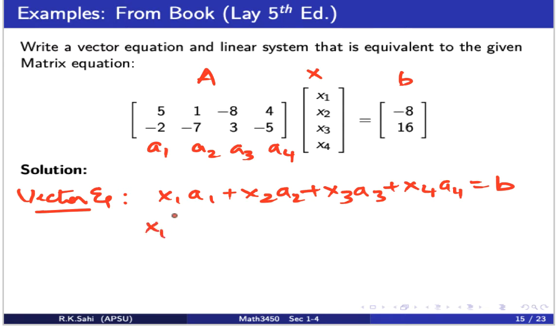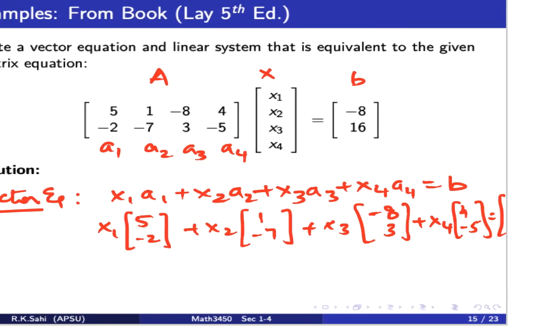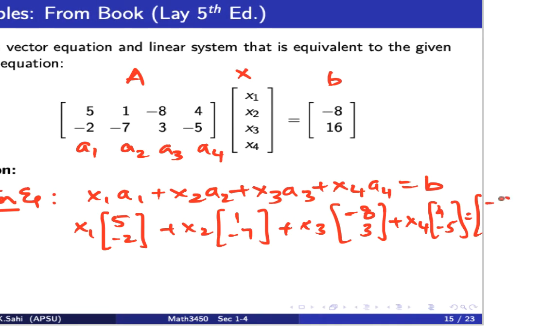It will be x1 times the vector 5, minus 2, plus x2 times 1, negative 7, plus x3 times minus 8, 3, plus x4 times 4, minus 5, equals the vector b, minus 8, 16.